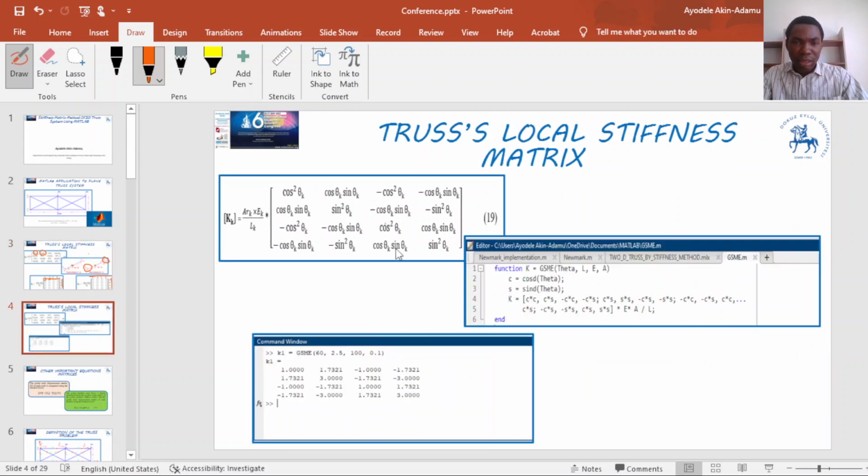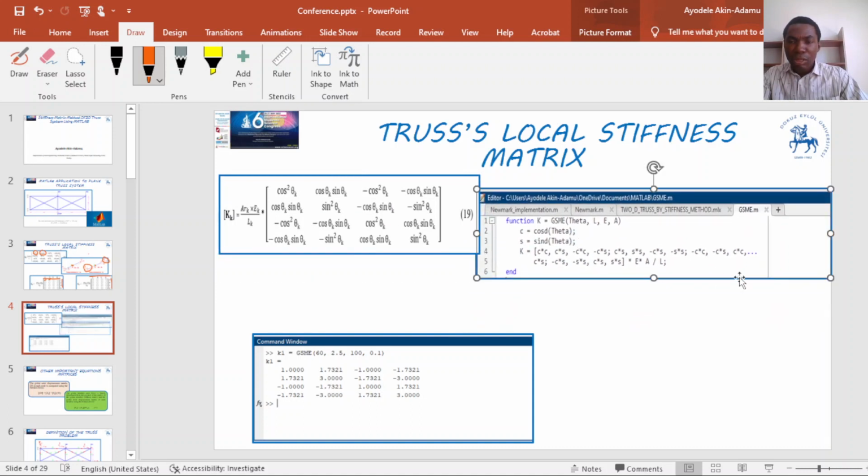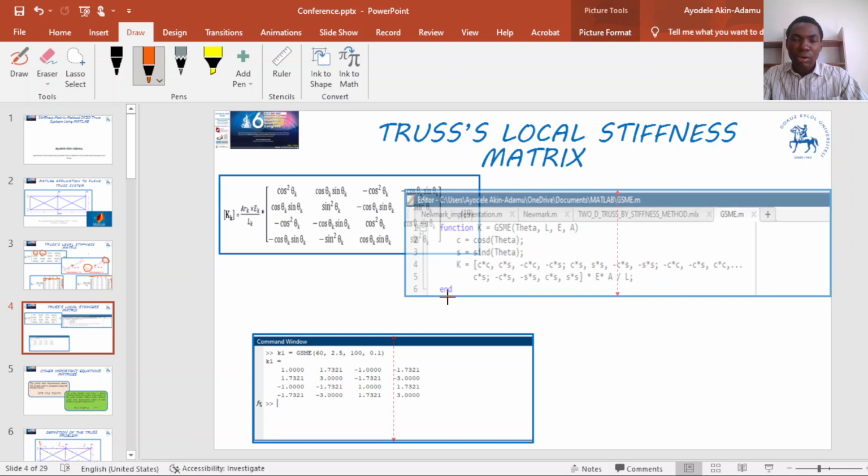So again, this is the local stiffness matrix for a truss.